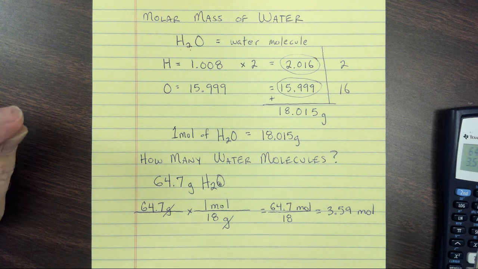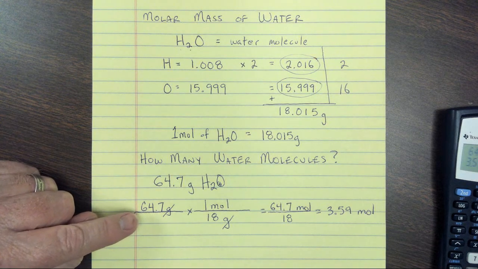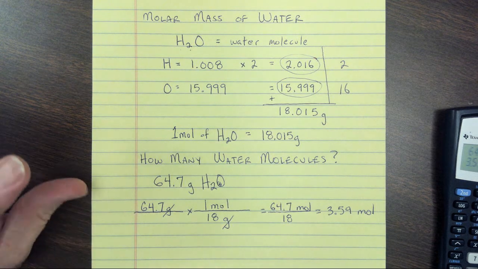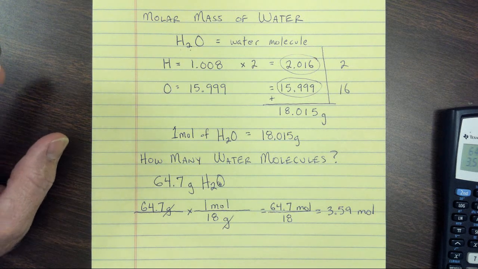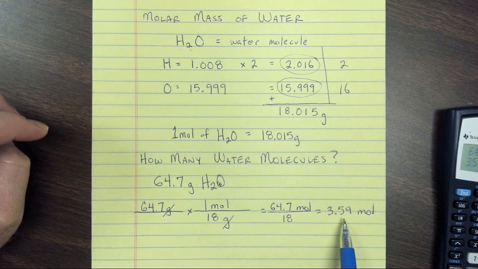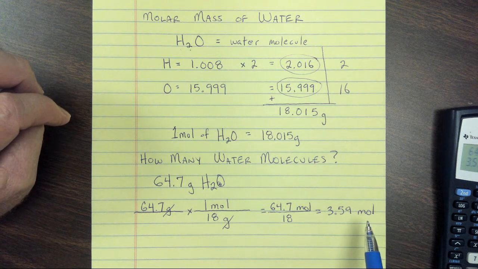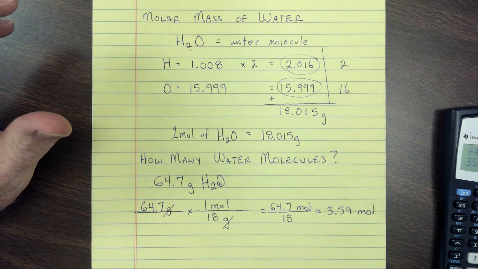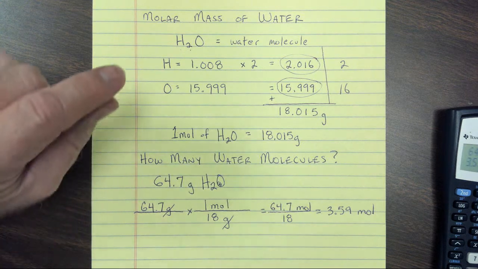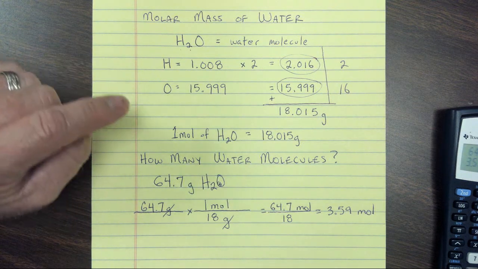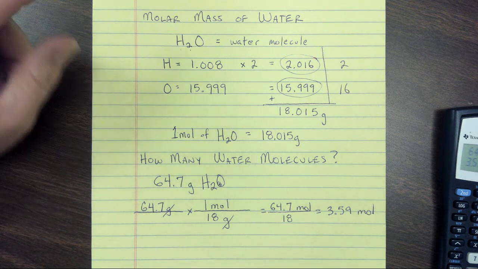That just means that my 64.7 gram glass of water that I got off my scale has 3.59 moles of water molecules. And you say, okay, but again, why would I want to know that? Well, we're going to do another video where we go from moles to something else, and I'll show you how that works.